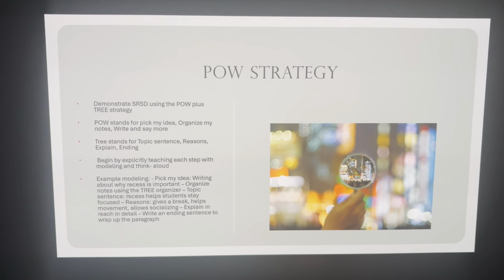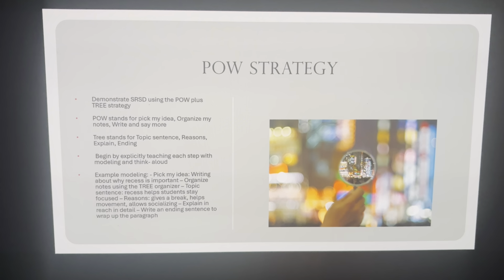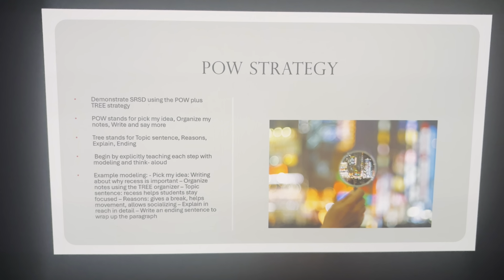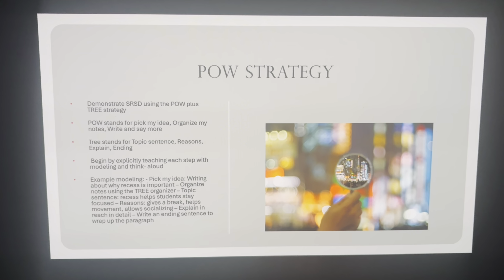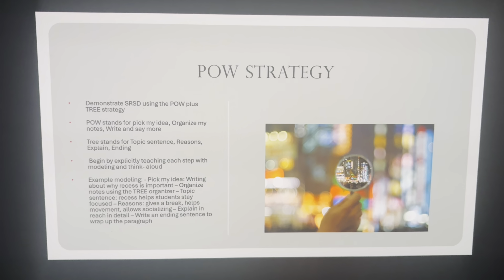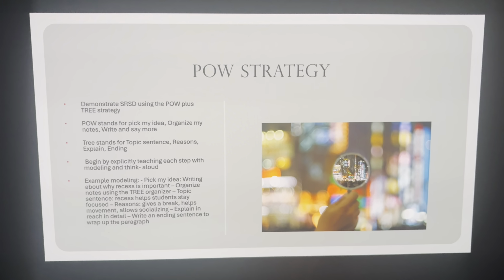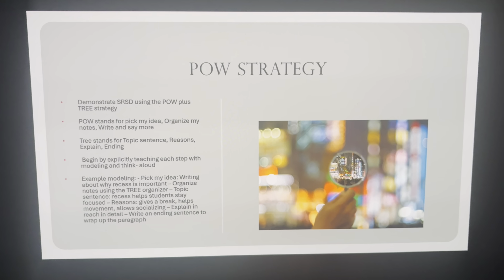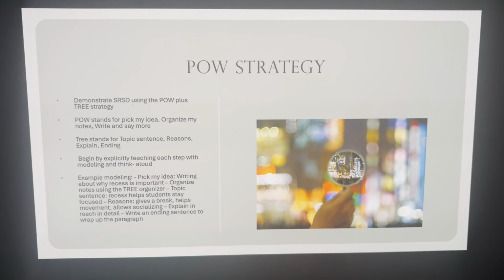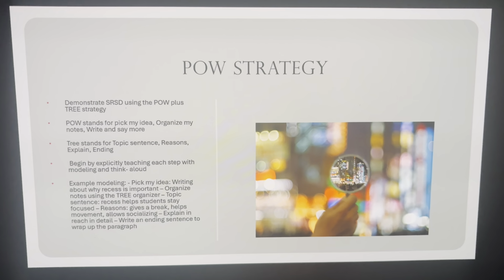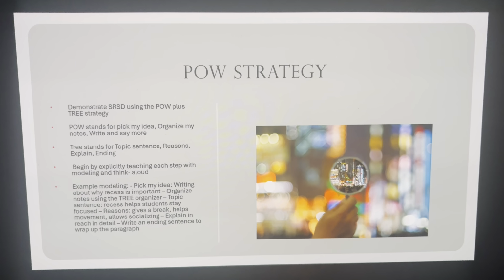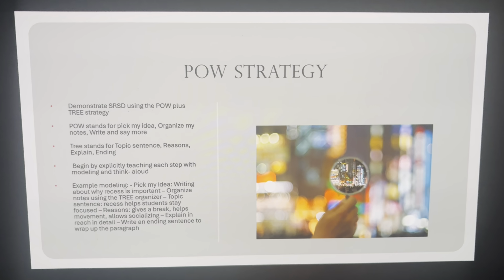I would begin by explicitly teaching each step using modeling and think-alouds. For example, I might say something like, first I pick my idea, I'm going to write about why recess is important. Next, I organize my notes using the TREE organizer. My topic sentence is that recess helps students stay focused.